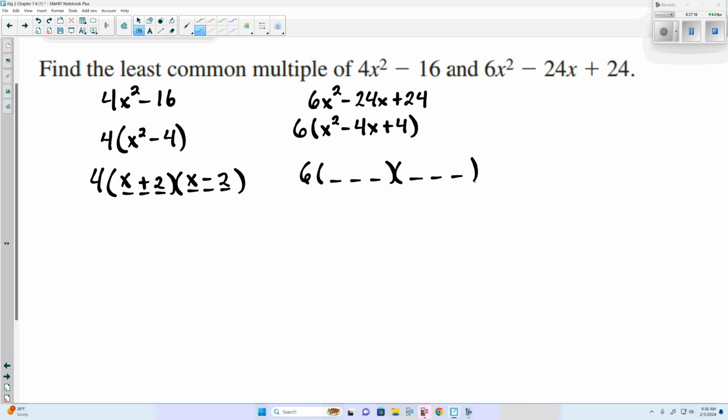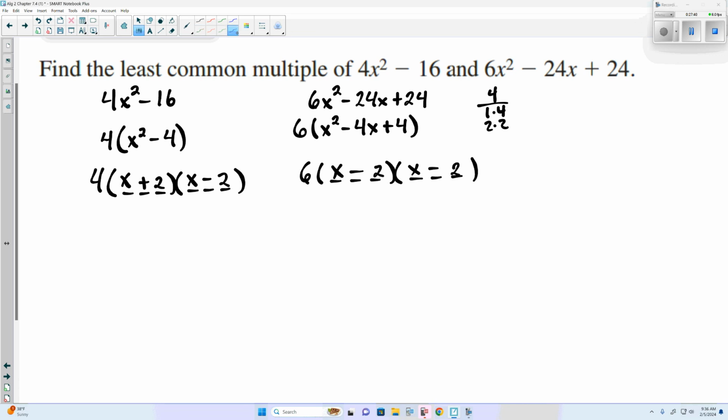Third term is positive, so the signs are the same and match the sign of the middle term. Minus and minus. Only factors of x squared are x and x. Since there's not a number in front of it, it's just going to be our x and x.